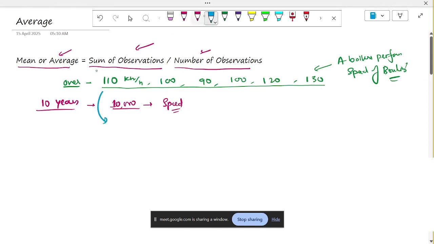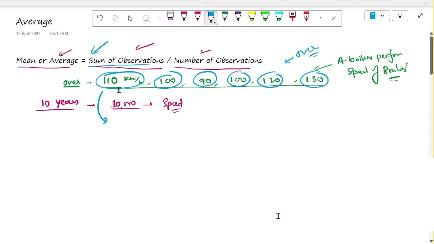What is the average? According to the definition, according to the formula that we have, it is the sum of observations. This is one observation, this is another observation, this is another observation. We have made six observations in an over, and we are trying to find the average of this. Now just try to calculate the average.